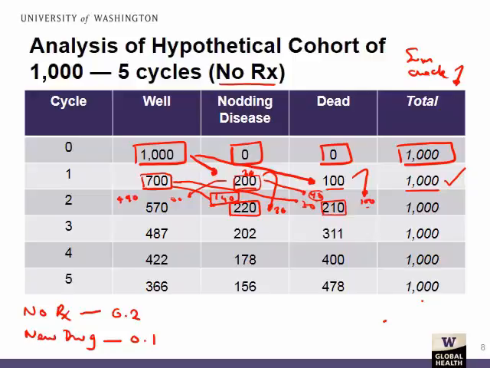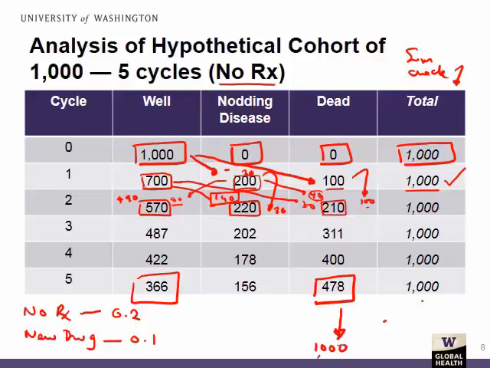But we have to account for the 80 who came from the nodding disease state and got better. So 490 plus 80 equals 570, and we have accounted for that state as well. And if you keep doing the math, you can build up the different states, and at the end of 5 cycles, you see that nearly half of the patients are dead, and only 366 of the patients remain in the well state. And if you do this for enough cycles, all 1,000 patients will end up in the dead state.